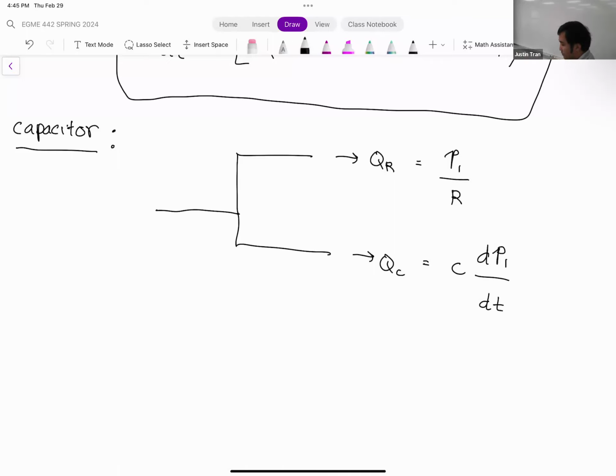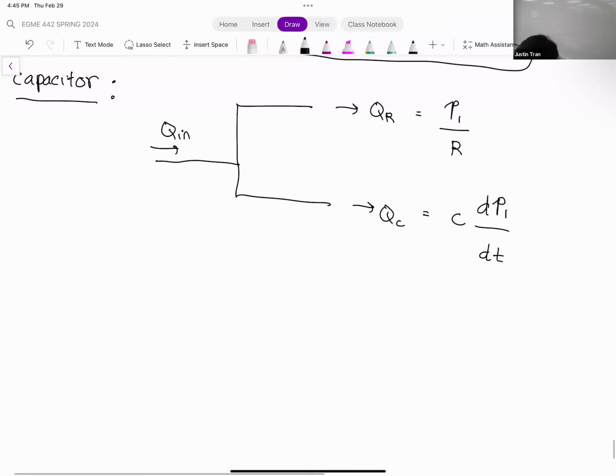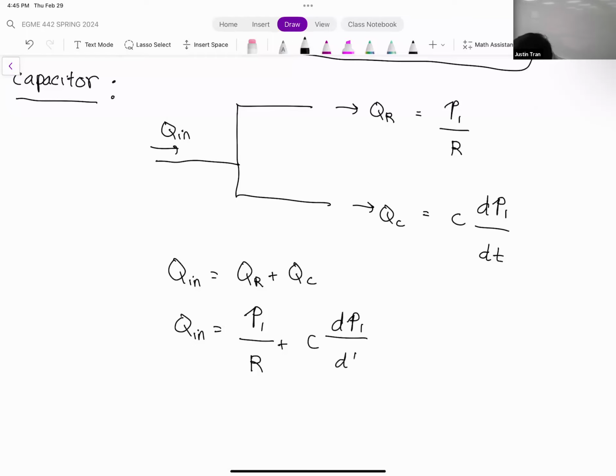Okay? And coming in, we have Q in. Okay? And so we can say that Q in is equal to QR plus QC. Okay. So Q in is equal to P1 divided by R plus C dP1 dt.